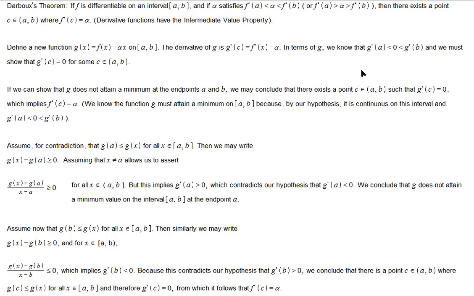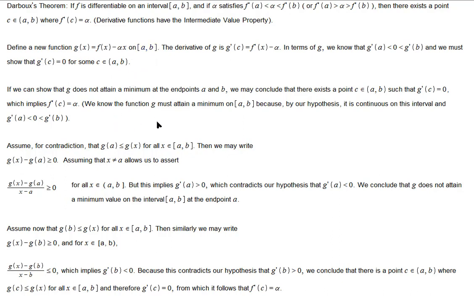So this means that at some point on this interval, the function must attain a minimum value. And we are going to argue that the minimum does not occur at the endpoints a and b. And from this we can conclude that the minimum occurs in the interior of the closed interval.